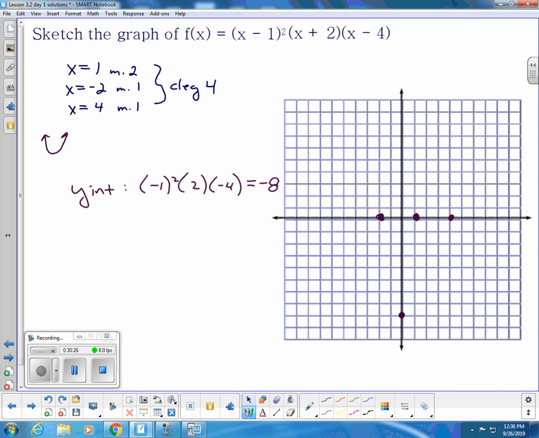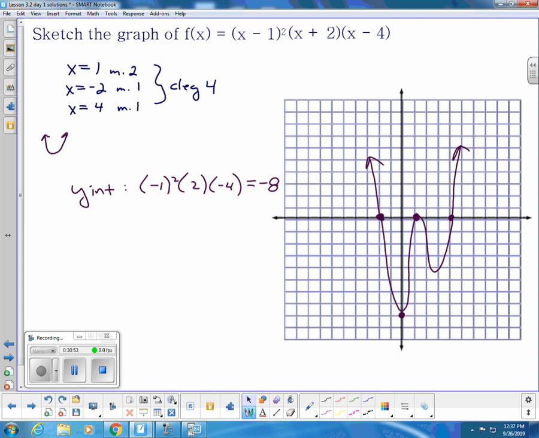And we are starting up, and we're going to end up. Negative 2, is it a cross, a bounce, or a jog at negative 2? Negative 2. Cross. What about 1? Bounce. What about 4? Cross. So we're going to cross, we're going to bounce, and we're going to cross.